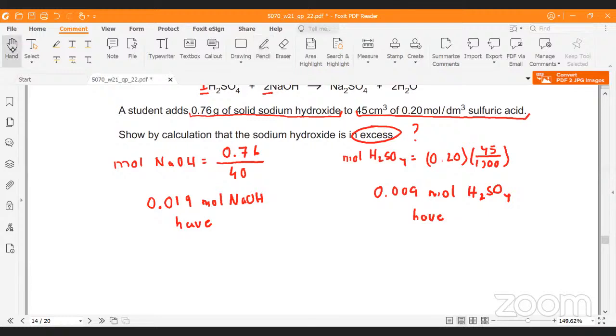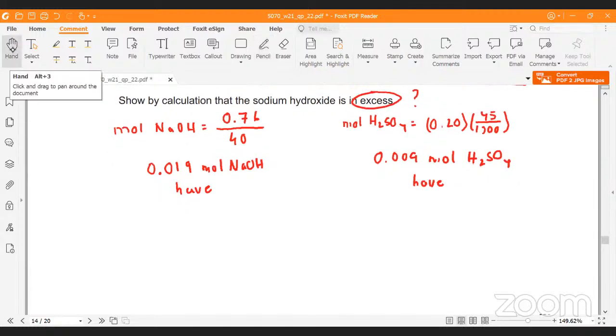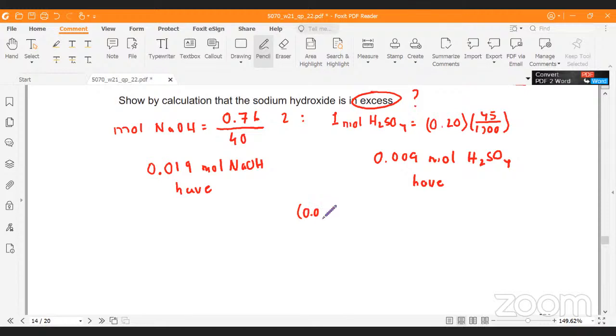So now, if you remember, according to what they gave you, for every 1 mole of sulfuric acid, you're supposed to have twice as many moles of sodium hydroxide. So if I have 0.009 moles of sulfuric acid, that means I should have, and that's a key word, I should have 0.018 moles of the alkali, right?